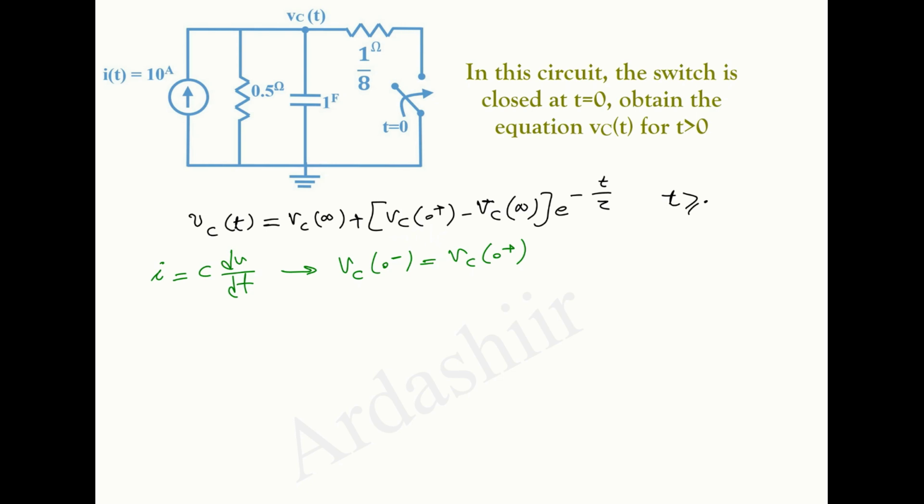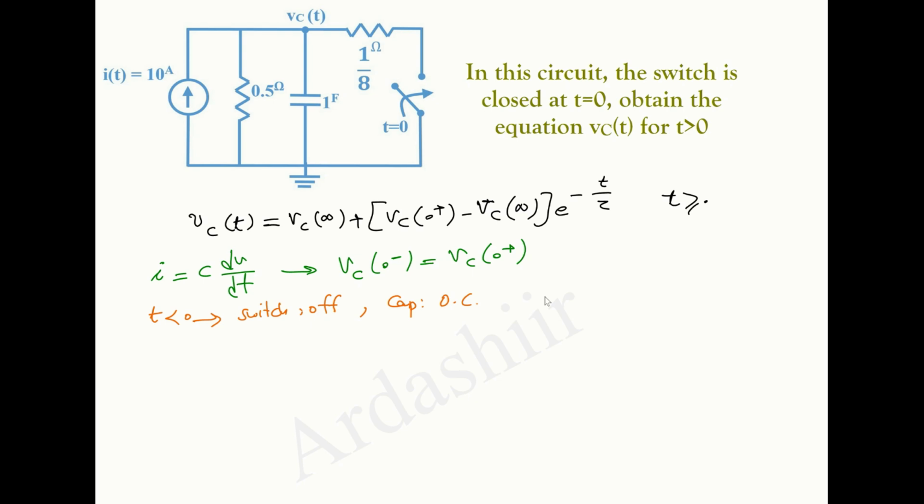We know for t less than 0, the switch is open, and the capacitor is open circuit, because it is connected for an infinite time to a constant DC source.